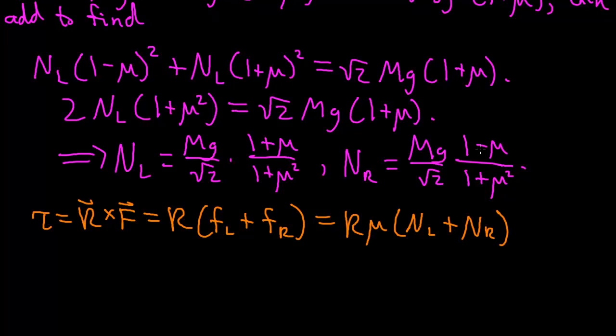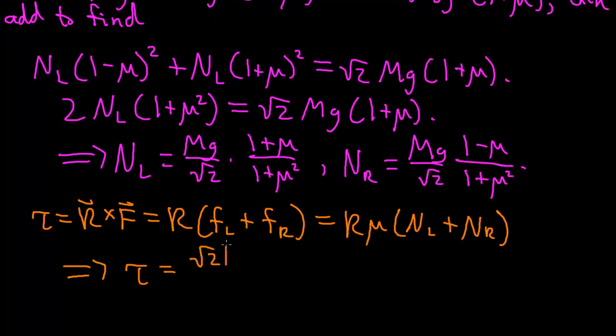And now we can add these together in our head almost. When we add these, the two numerators interfere in that the mu's cancel, the plus mu and the minus mu go away. The 1 and 1 give us a 2, and that 2 cancels the square root of 2 downstairs to give us the square root of 2 upstairs. So we'll find the torque, the size of the torque, equals, we'll have an mgr square root of 2 and a mu upstairs.